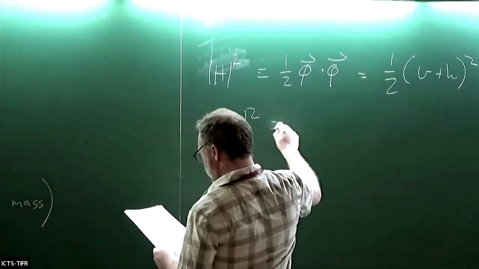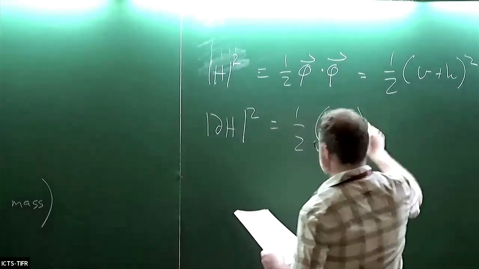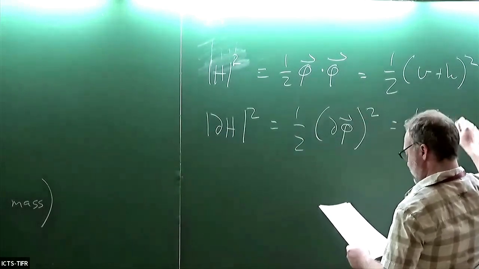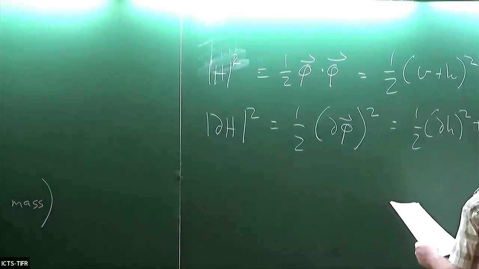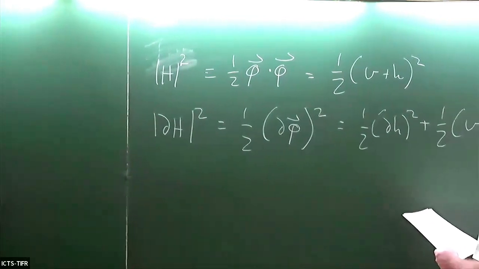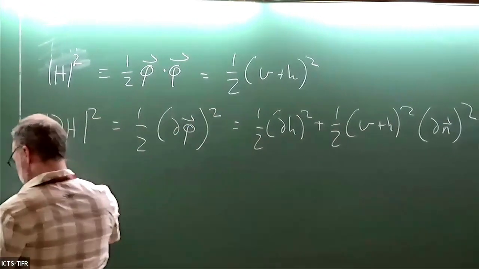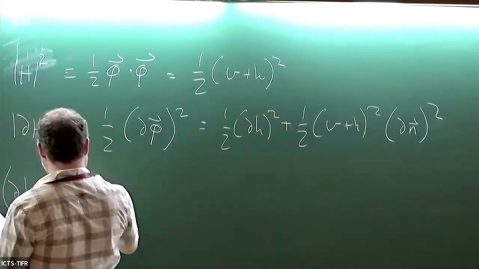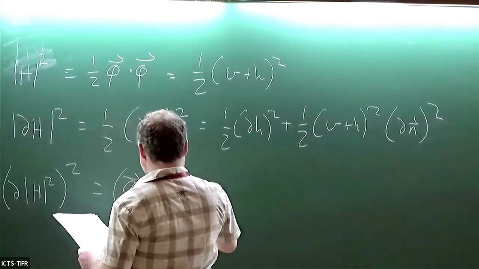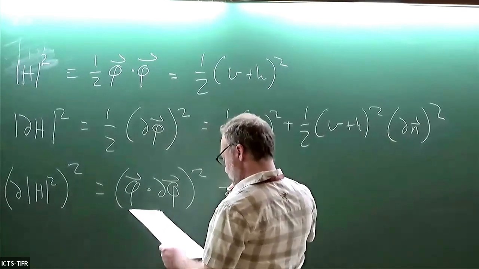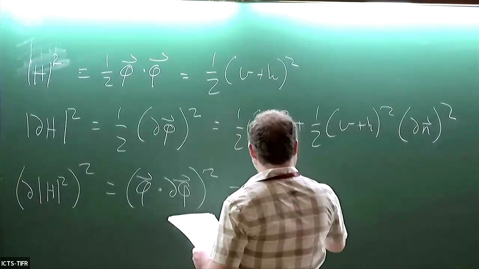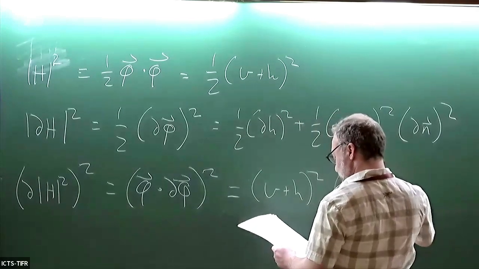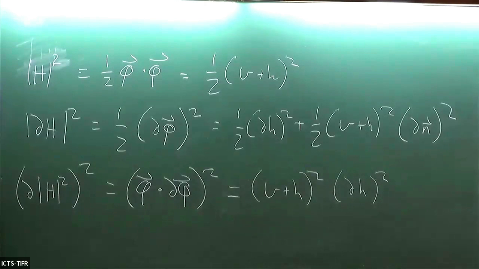(DH) squared is 1/2 (d phi vector) squared is 1/2 (dh) squared plus 1/2 (v plus h) squared (dn) squared, and (DH) squared squared is (phi vector dot d phi vector) squared is (v plus h) squared h squared. Okay, so that gives us a dictionary to go back and forth between capital H and little h. This is just plugging in these relations.